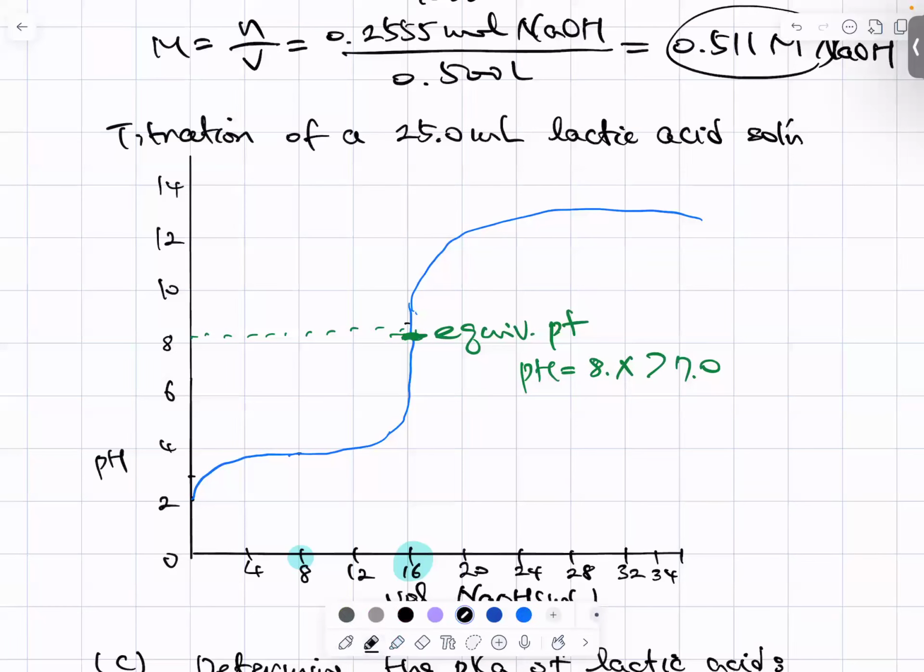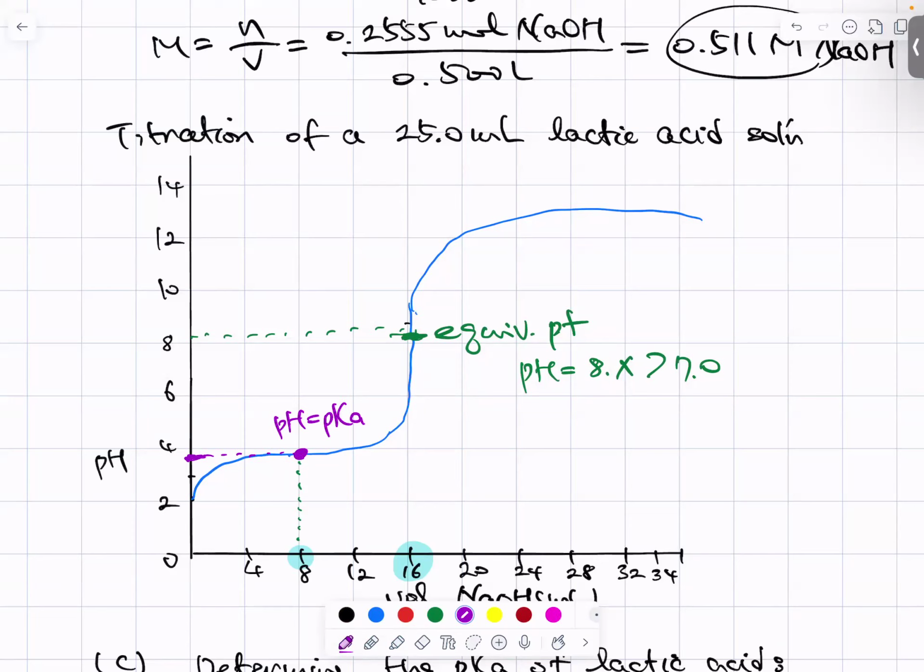Let's bring it up to where it intersects the pH curve, and it is right there. The pH value right there is the pH at the half equivalence point. Here the pH becomes equal to pKa, according to the Henderson-Hasselbalch equation.